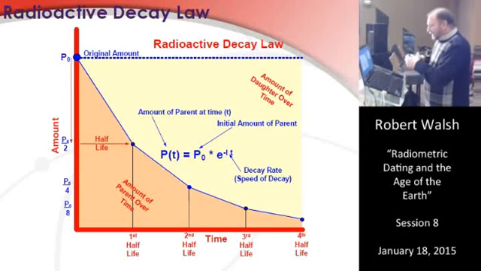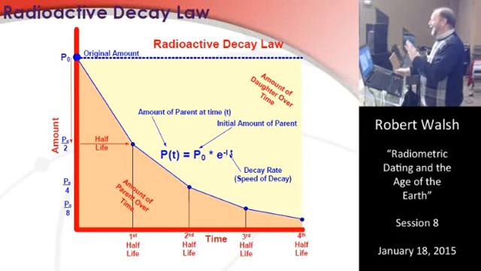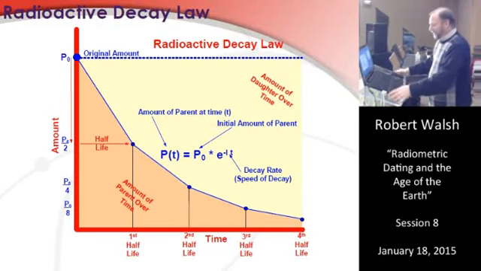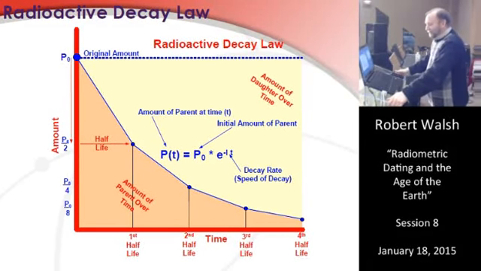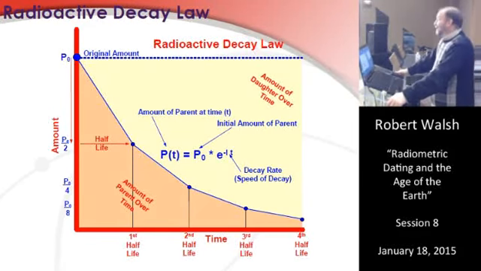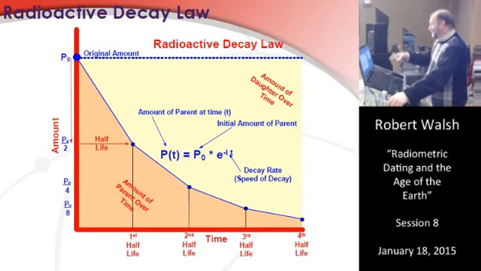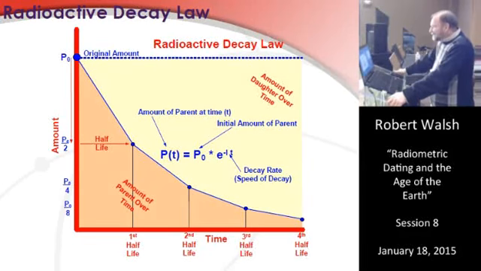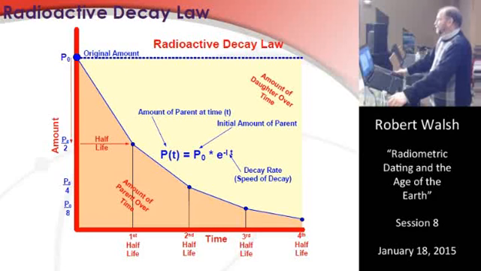Now let's take a look, and I believe this is the only equation we have in this particular presentation. In the middle of that graph, there is an equation, and that equation says an awful lot. In fact, it says everything I've just spoken. Let's take a little bit of detail into this. That P sub 0 is the initial amount that you start with.